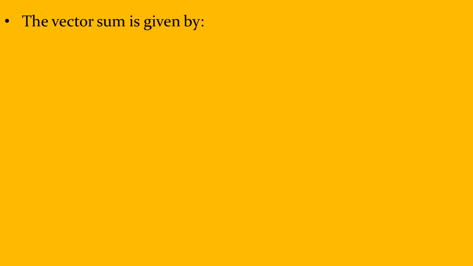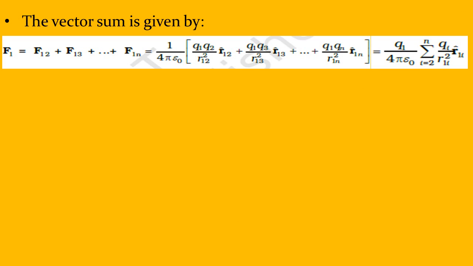Now, the vector sum is given by what? Earlier we saw only 3 charges. Now it's n charges. And what's common in all these expressions? The constant 1 by 4 pi epsilon naught. So I take it out of the bracket. Now I have got q1 q2 by r12 square and the unit vector. Now in all these terms within the bracket, what is common? q1 is common.